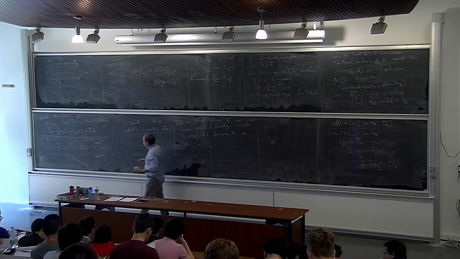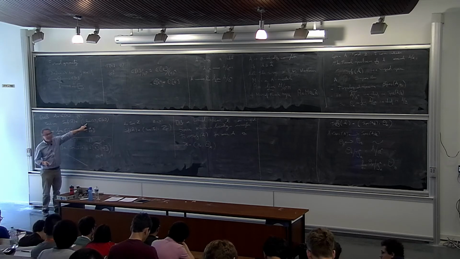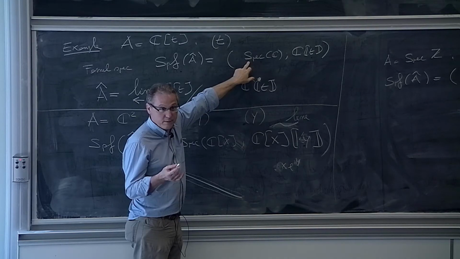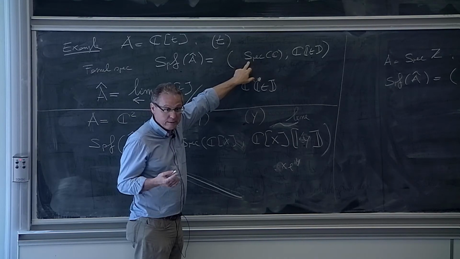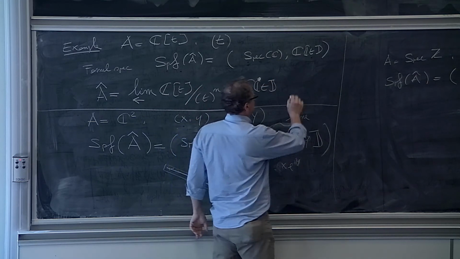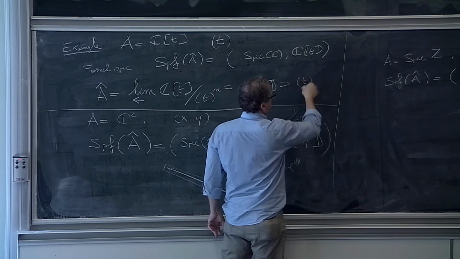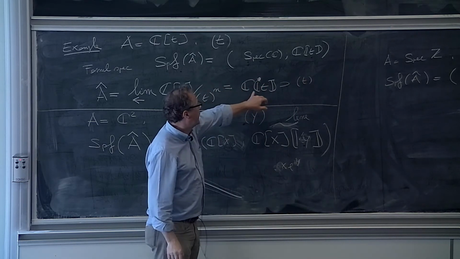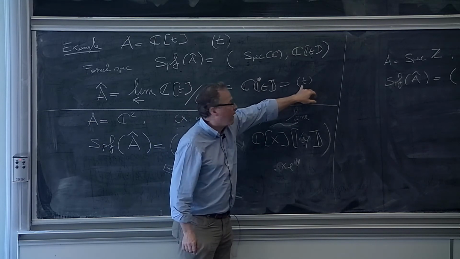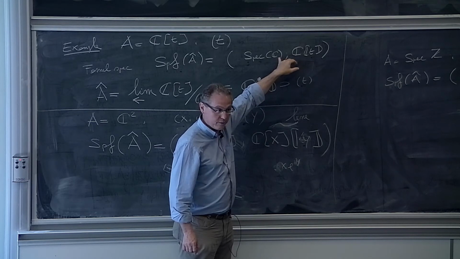But you have to be careful, because let's look at this example. The topological space is 0-dimensional, it's one point. But inside this, you have the ideal T, which gives you a non-trivial subscheme of your total scheme.